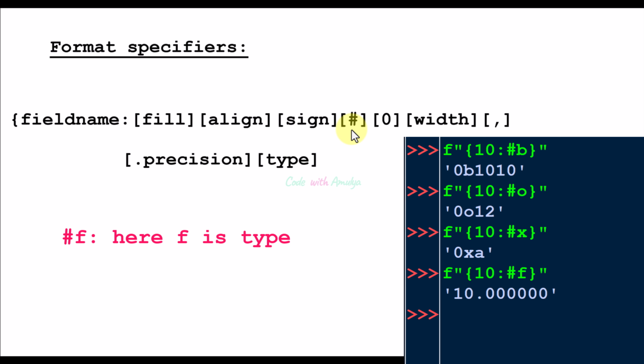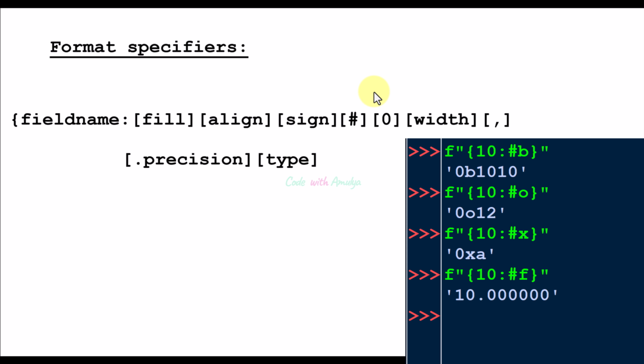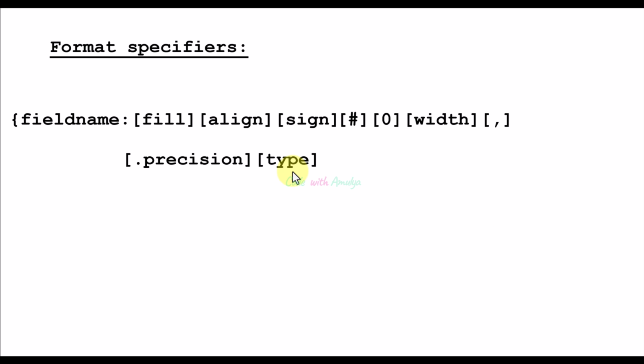And here you can see the example. You can see the prefix in the output. And here this hash symbol doesn't convert the number into binary number or octal number form. It is done by the type field. Type field converts input to binary, octal or other forms. This hash or alternate form only adds prefix to the number. Alright, this is about hash.